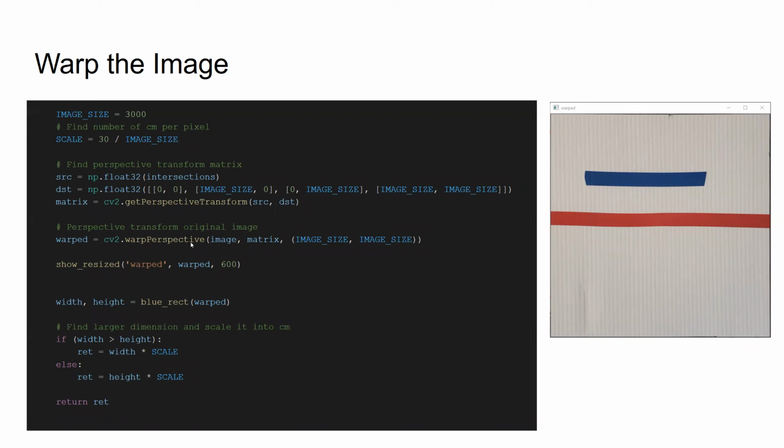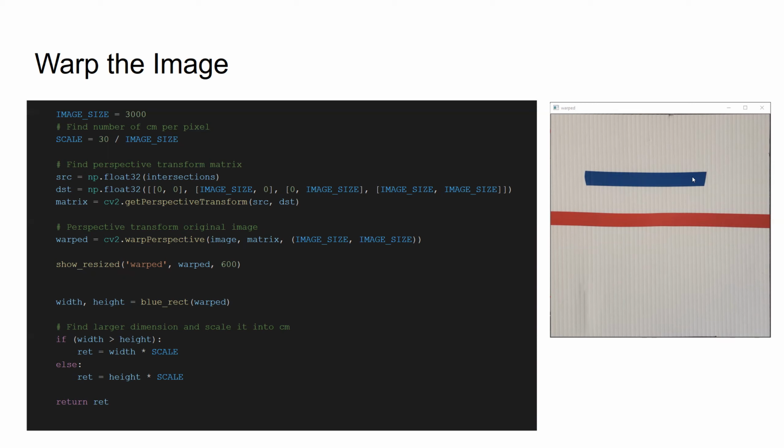Then you use warp perspective to take our original image and create a warped image. On the right, you see what the warped image looks like. You can see we've pretty much cut out the grid square and warped it slightly so it's perfectly square instead of a little off based on our perspective.